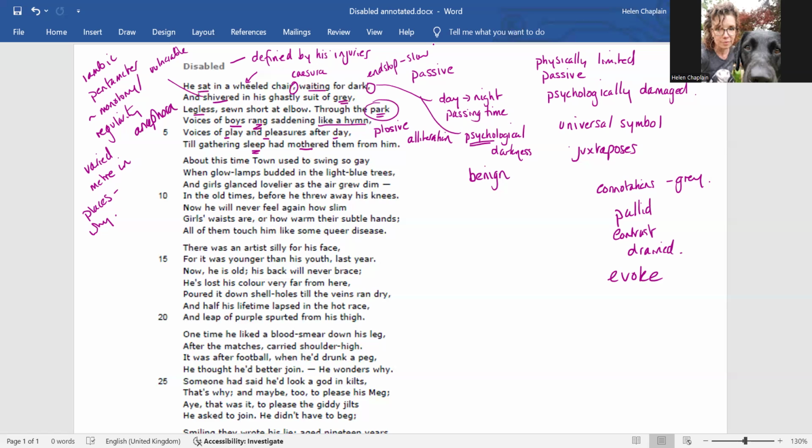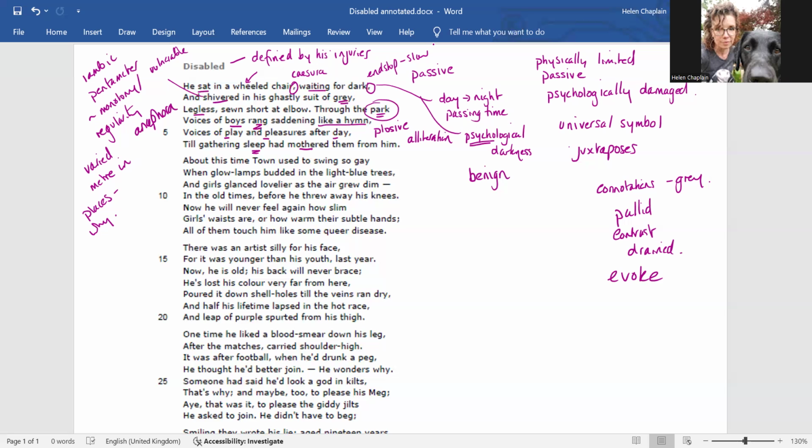We look then at line 6, and the focus in this stanza shifts a little bit when he remembers what it used to be like. It used to be that the darkening day, the end of the day, didn't have all those sad connotations of loss and distress that it has now, with that almost pathetic fallacy sense of getting darker, right?